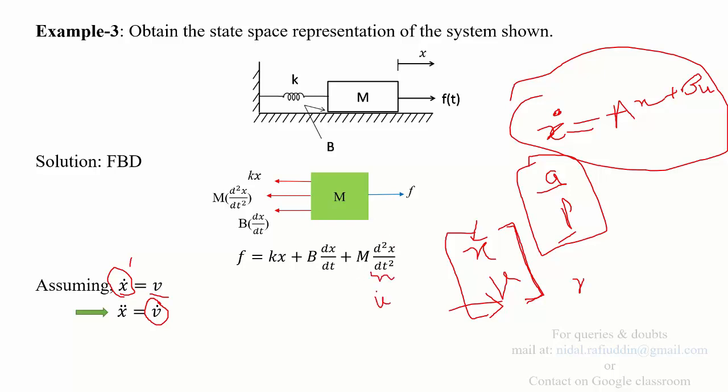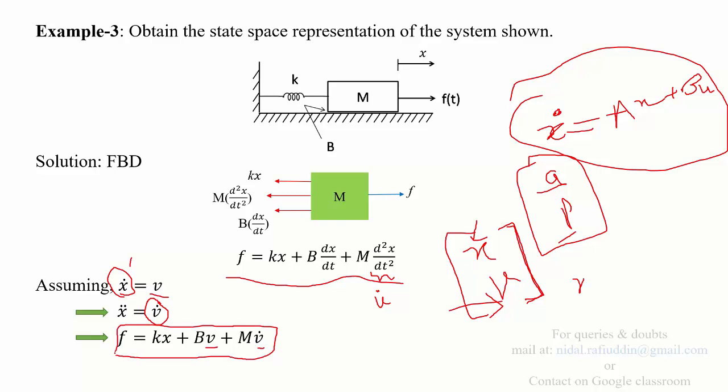And from this equation, you can obtain the relation for v dot in this manner. So F is equal to kx plus bv plus m v dot. What we did is we substituted v in place of x dot, and v dot in place of x double dot. We did this in order to have only one term with a derivative in the expression.